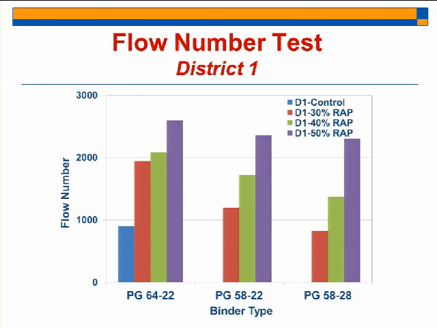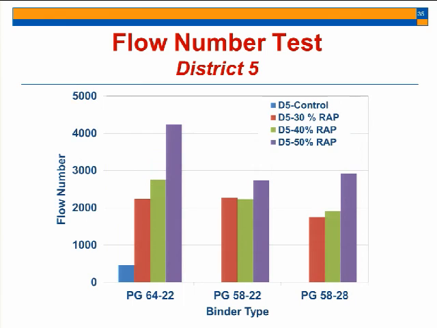For 40% RAP, we also see a decrease, and for 50% RAP, we see a decrease in the flow number as well. But as you can see, as we move up from 30 to 50% RAP, the amount of virgin binder that we are adding to these mixtures is decreasing. That's why I guess this is one of the reasons that the effect of bumping is decreased on 50% RAP.